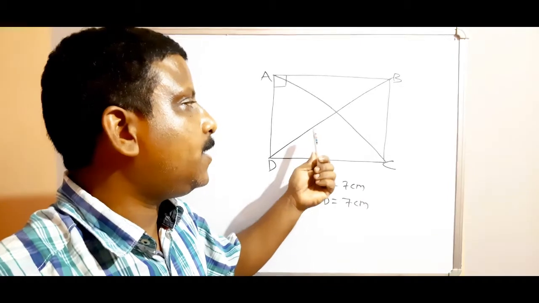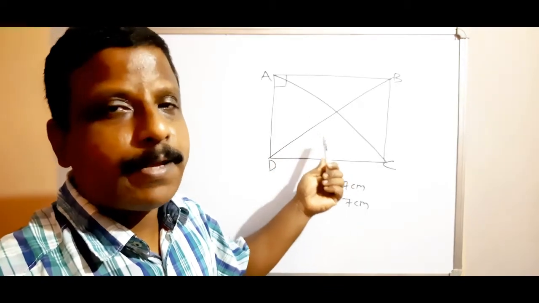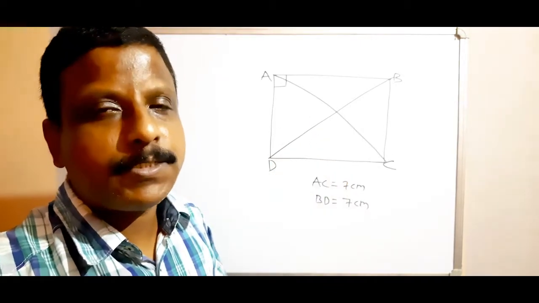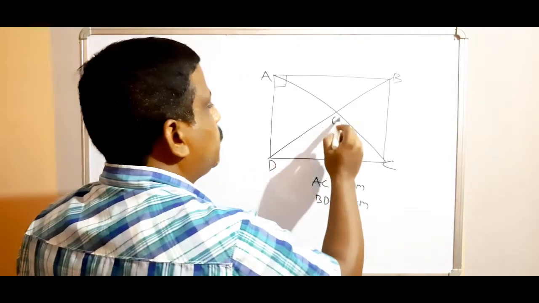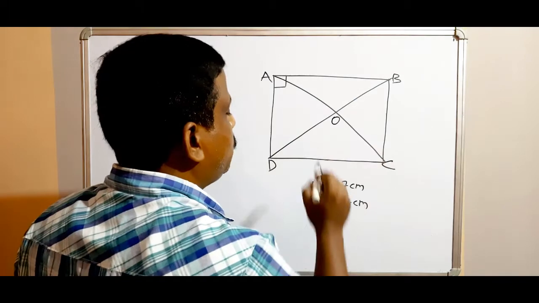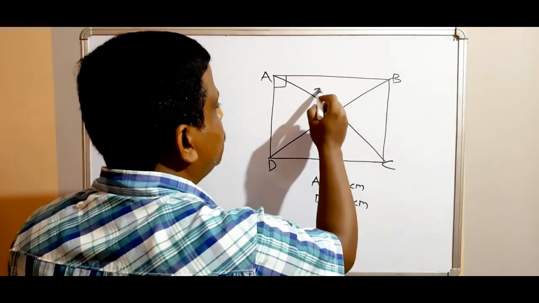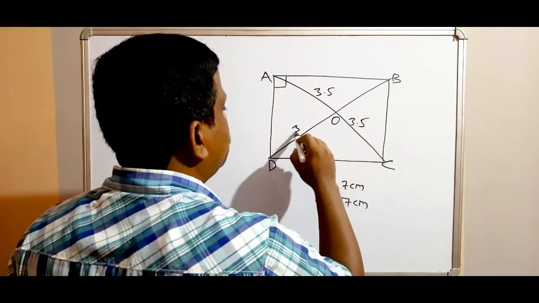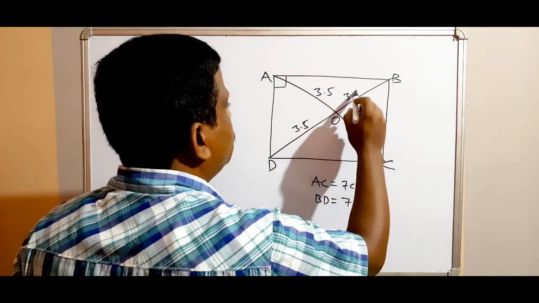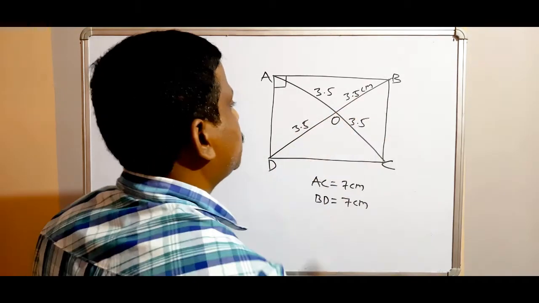So in a rectangle, diagonals are equal, and then definitely they will bisect each other, because in a parallelogram diagonals bisect each other. So we can say AO is equal to CO. That means this is 3.5, this is also 3.5, this is also 3.5, this is also 3.5 centimeters.